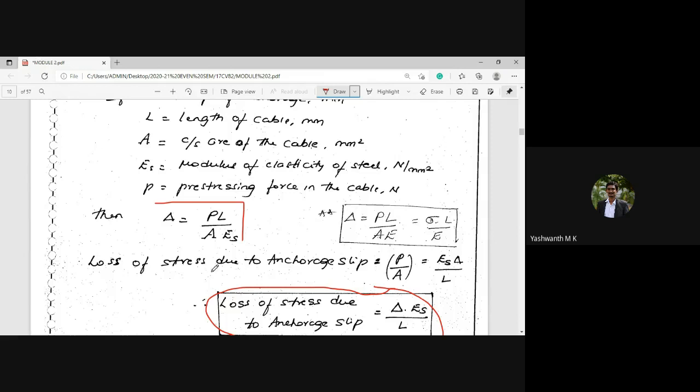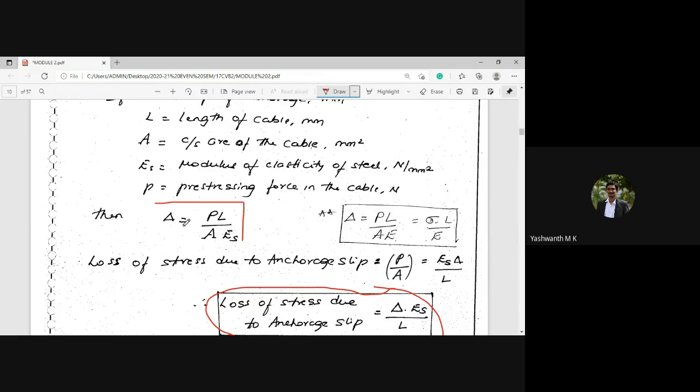Therefore, for the loss of stress due to anchorage slip, we substitute P by A. Cross multiplying, Es multiplied by delta divided by L gives the loss of pre-stress.